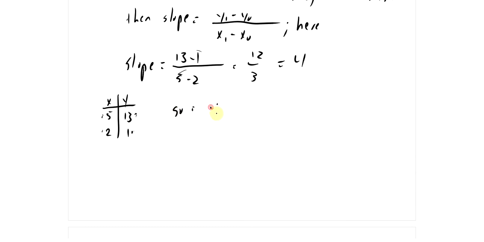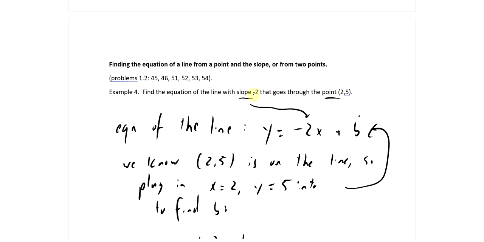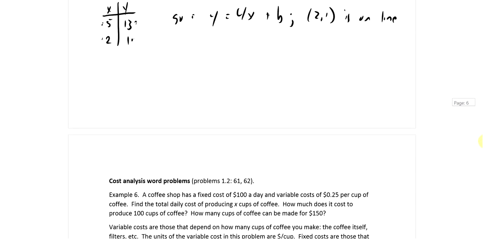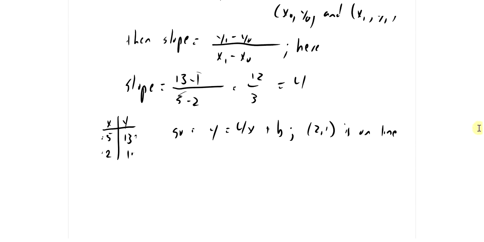So we have y equals 4x plus b, semicolon, 2, 1 is on the line. And so now we are back in this problem. We know the slope, and we know the point. So if we scroll back down here, what is b?